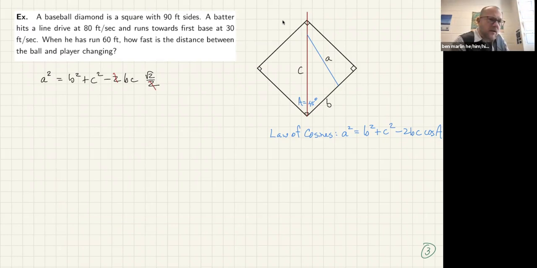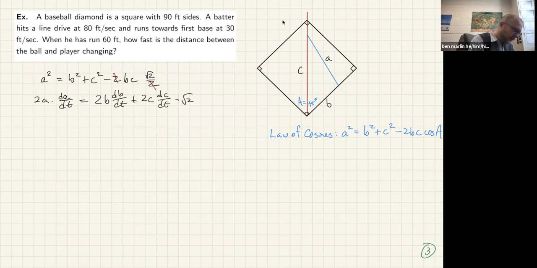But now we're going to differentiate implicitly like before. And so you end up with 2a times dA dt. Remember, every one of those quantities is changing, is equal to 2b times dB dt plus 2c times dC dt minus the square root of 2.